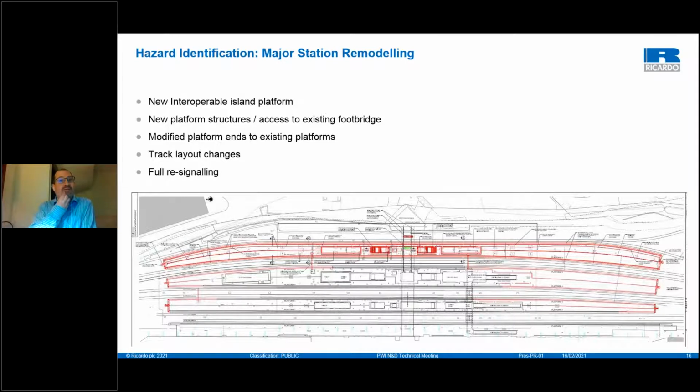There's also some other interesting ones in that the new platform was being implemented on an area of former sidings. So the sidings needed to be taken out, and you had a brownfield site. So you've then got consideration of hidden hazards, so unexploded ordnance potentially, hazardous material, plenty of years of hydrocarbons, coal, oil being dropped onto the ballast over the years.